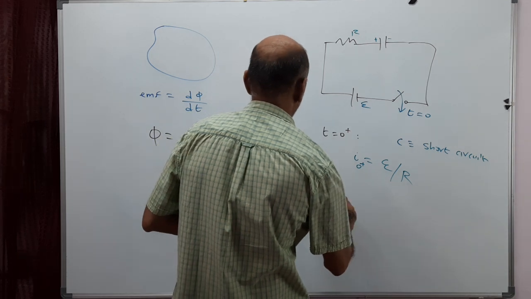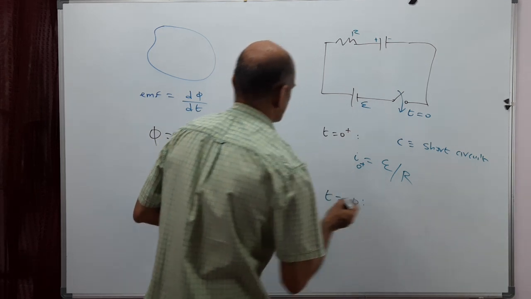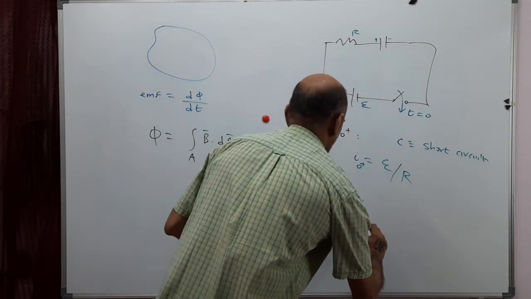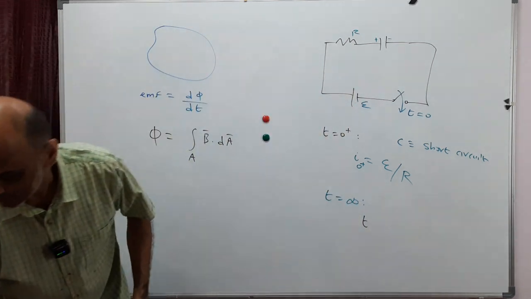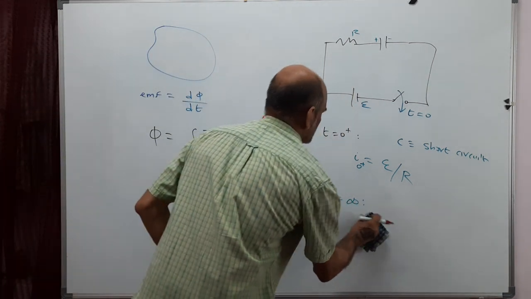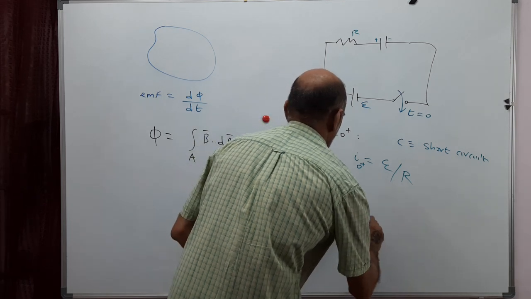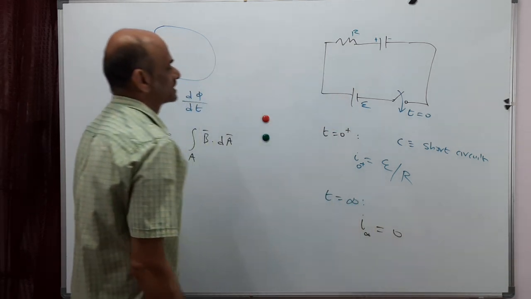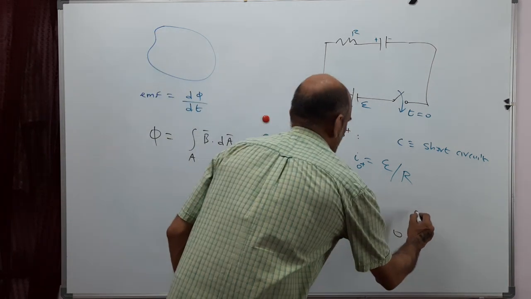So after a large amount of time, at t equal to infinity, the current will be 0. The capacitor will act as an open circuit.